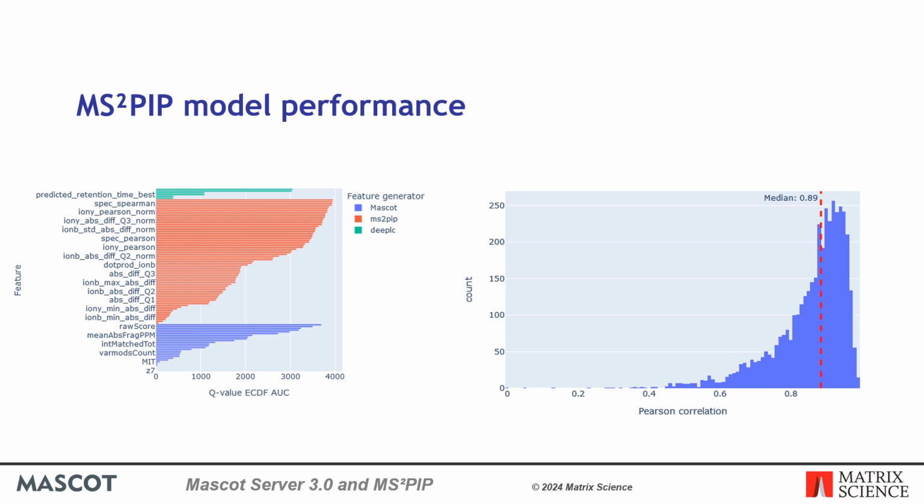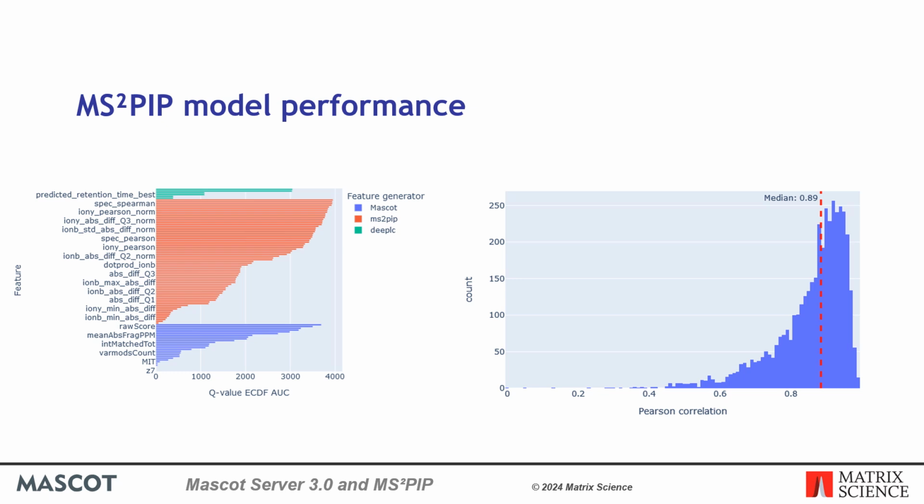The individual feature performance plot shows the strength of individual features. Then, the area under the curve, AUC, is calculated for the empirical cumulative distribution function, ECDF, of the Q values. The higher the area under the curve, the better the feature is at discriminating between target and decoy peptide spectrum matches without any other information.